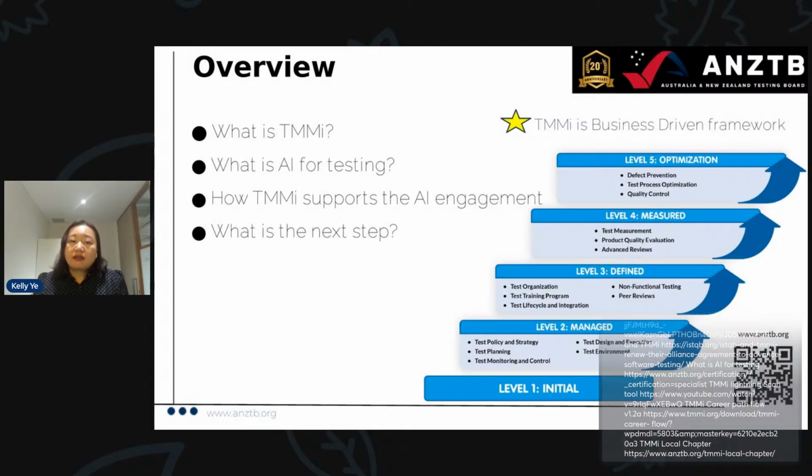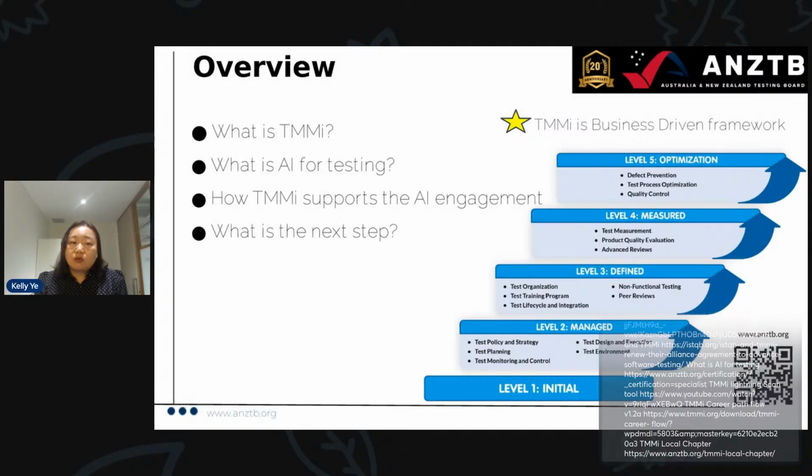The higher maturity levels, level 4 and level 5, focus more on product quality and preventing defects in your organization. That's the highest level for TMMi.